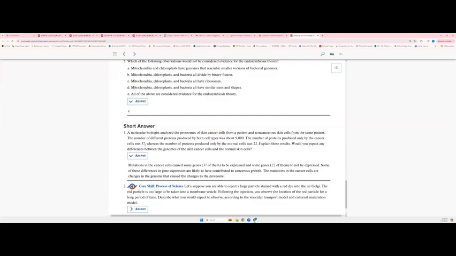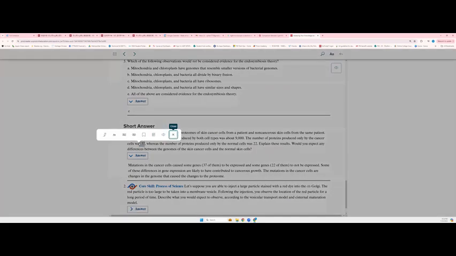The number of proteins existing in the cancer cells and normal cells are different, so they will grow differently, because they have a different type and number of proteins. That's why cancer cells grow quickly and normal cells don't grow that quickly, because cancer cells have more proteins involved.